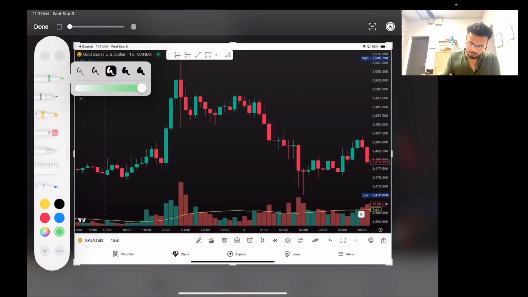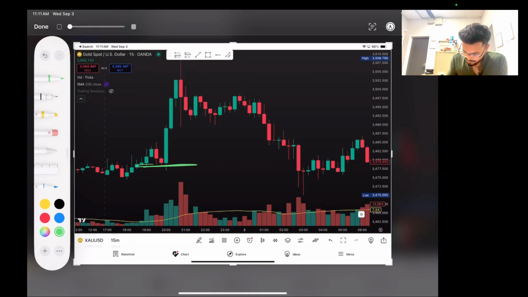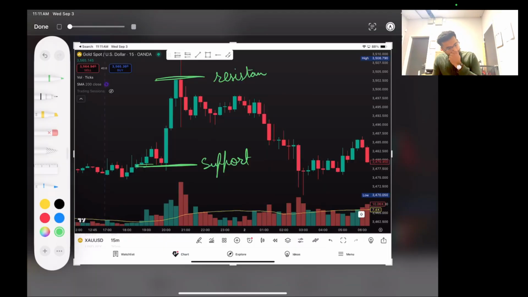As we know, price took support here, resistance here. And this area, my friends, can also be called a range, that the price has been moving in. Let's say price is consolidating.